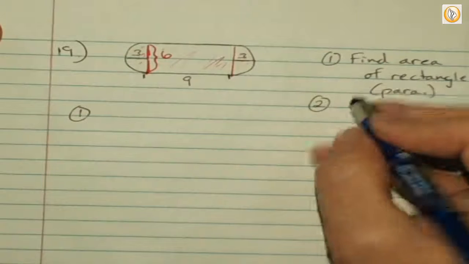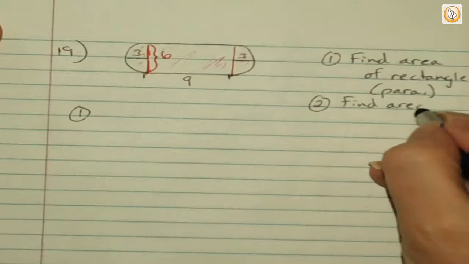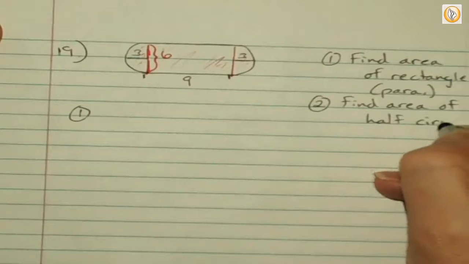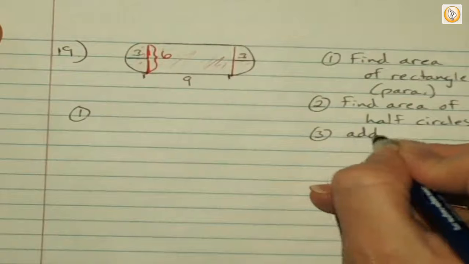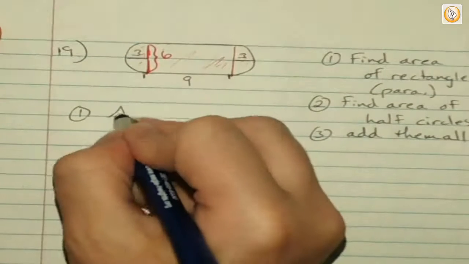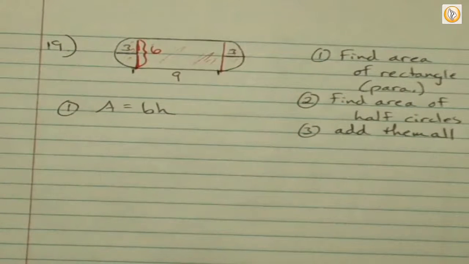Step 2: find area of half circles. Step 3: add them all. Okay, so she said base times height. I'll let y'all write that and then.